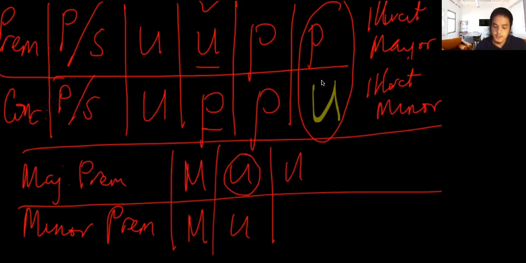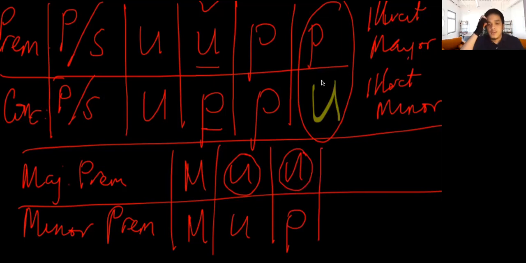If in the major premise it is universal and in the minor premise it changes to particular, again the rule states at least once universal, so it's still valid. Now, if in the major premise it is particular and in the minor premise it becomes universal, it's still valid.